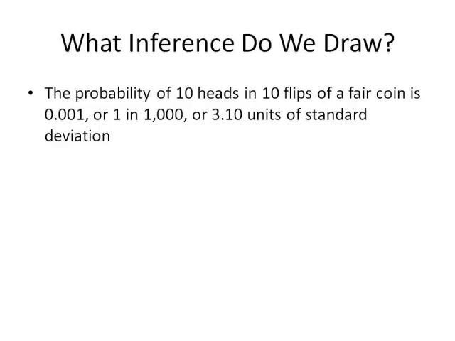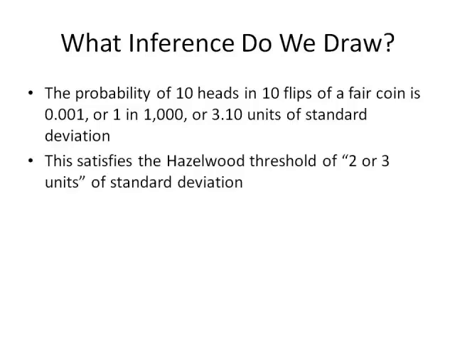So what inference can we draw from our little wager? The probability of getting 10 heads out of 10 flips with a fair coin is 1 out of 1,000, and that's equivalent to 3.1 units of standard deviation. This satisfies the Hazelwood threshold of 2 or 3 units.